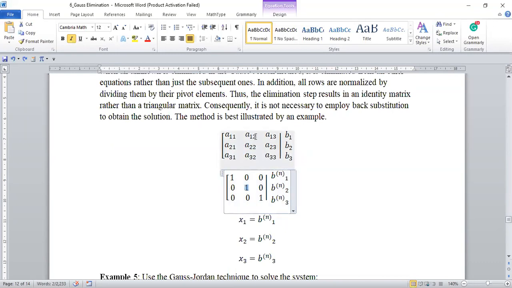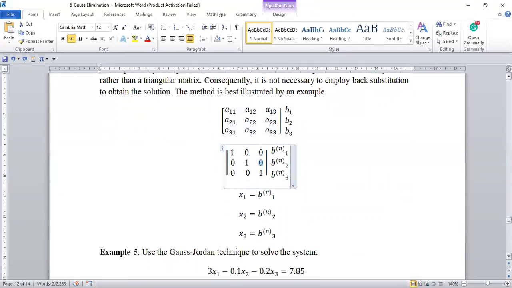After doing that, you zero out this 0, then you zero out this coefficient, you make it 0. Then the last stage is that you make this one become 1. Then after that, you zero out this, it becomes 0. Then you zero out A23 to become 0. So that's the procedure for the Gauss-Jordan method.